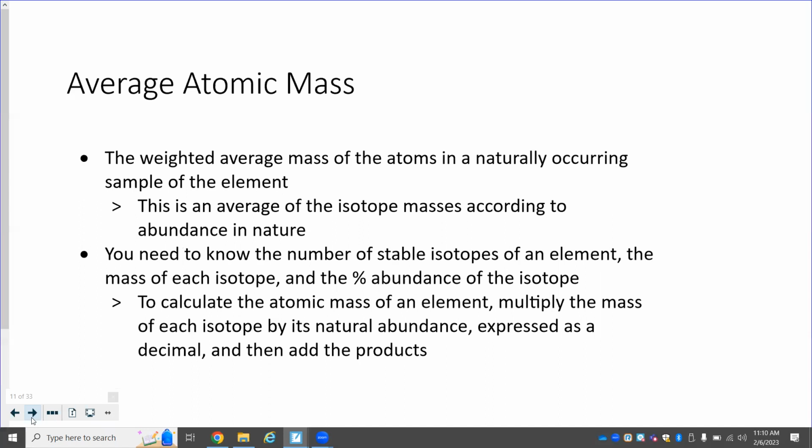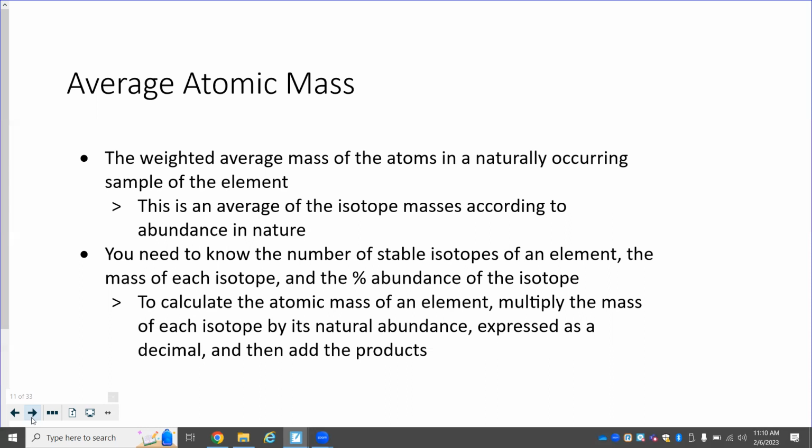Average atomic mass is a weighted average mass of the atoms in a naturally occurring sample of the element. So a weighted average means that you may not have the same amount of every isotope. So you have to account for the average of the isotope masses according to their abundance in nature. You might have a lot of one isotope and only a small amount of another.